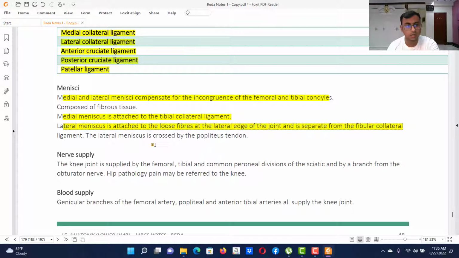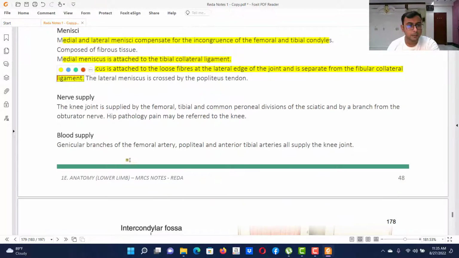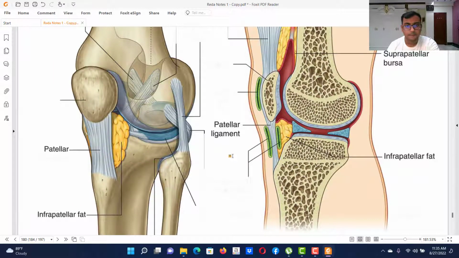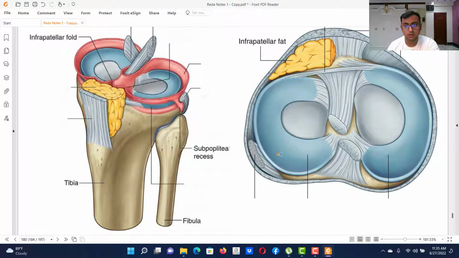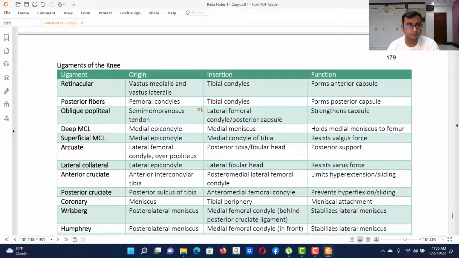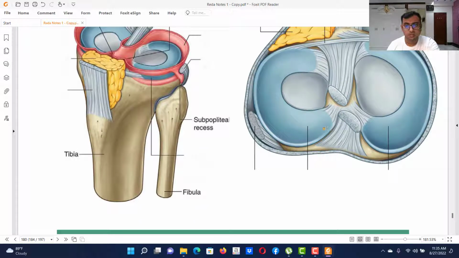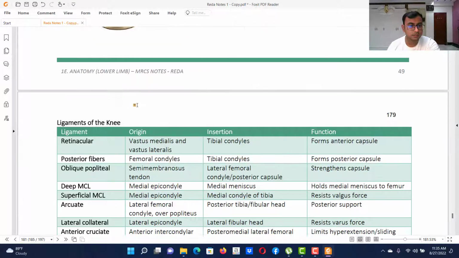Articular surfaces are hyaline cartilage, but the meniscus is fibrocartilaginous.